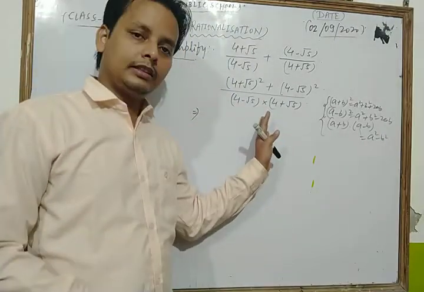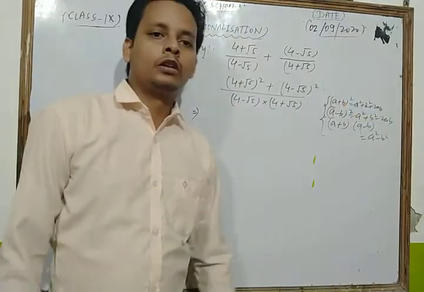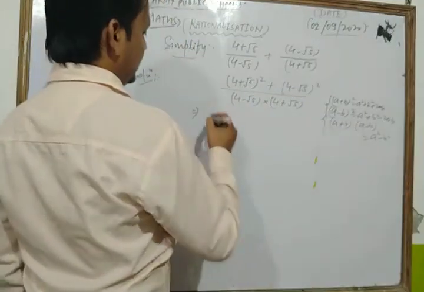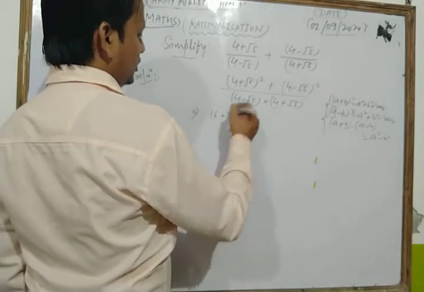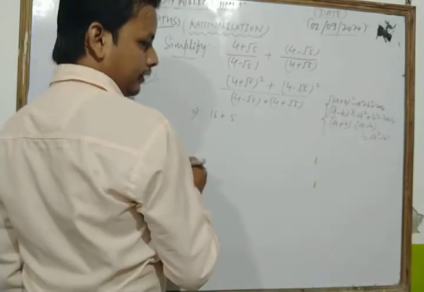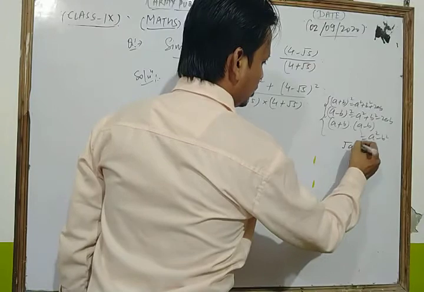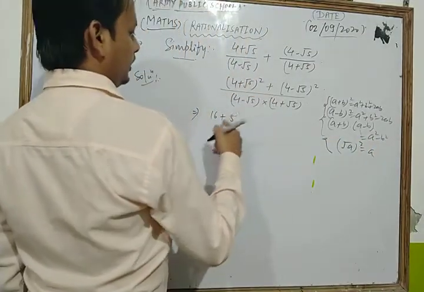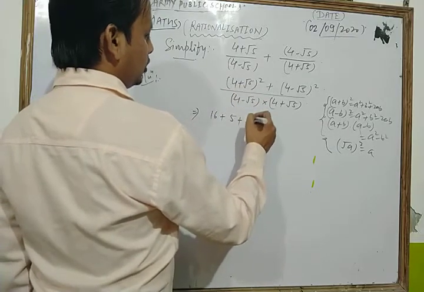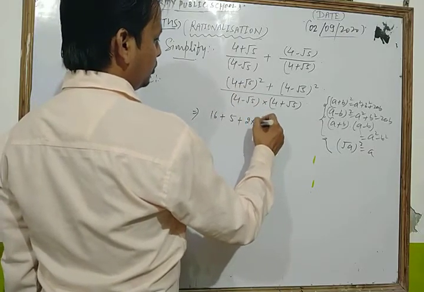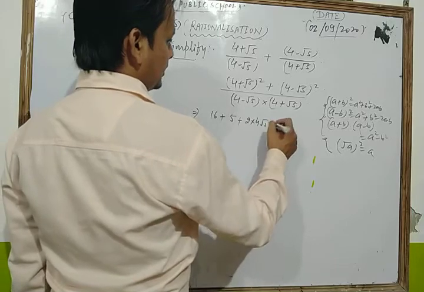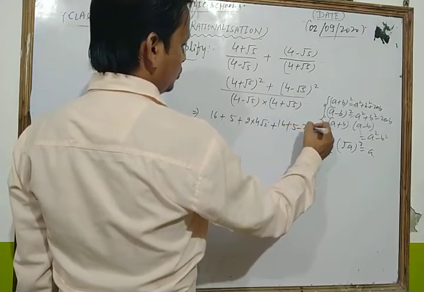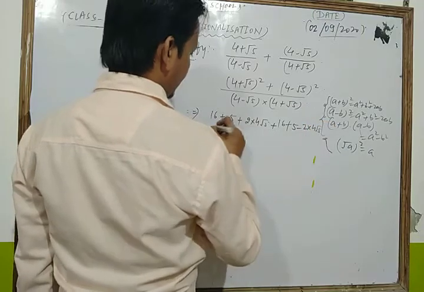So we apply all these identities. Here a square means 4 square, 16, plus b square means root 5 square, which is 5, because the square and the root cancel. Then plus 2ab, 2 into 4 into root 5, plus (16 plus 5) minus 2 into 4 into root 5.